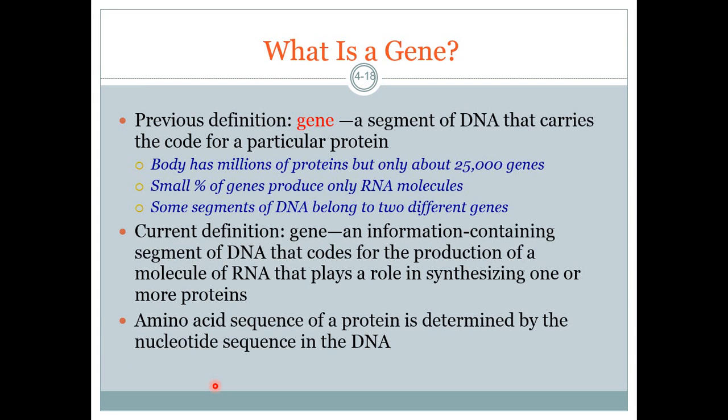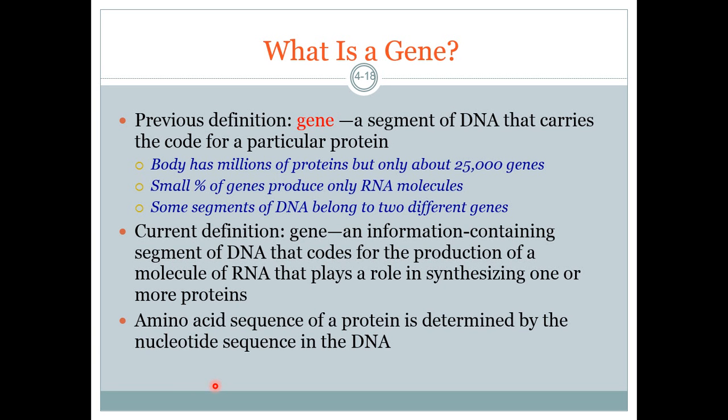Now, the classical concept of a gene was an abstract unit of heredity by which a trait passes to offspring. We now define a gene as an information-containing segment of DNA that codes for the production of a molecule of RNA, which in most cases does not play a role in protein synthesis.